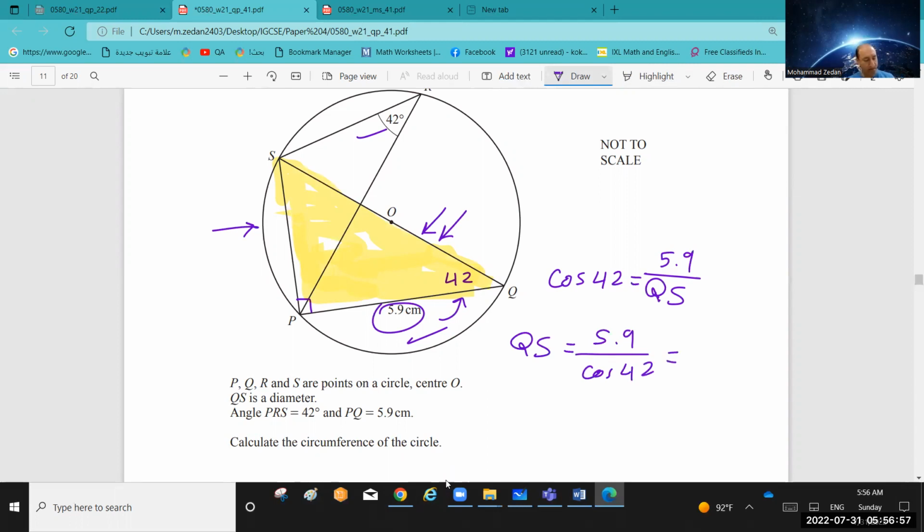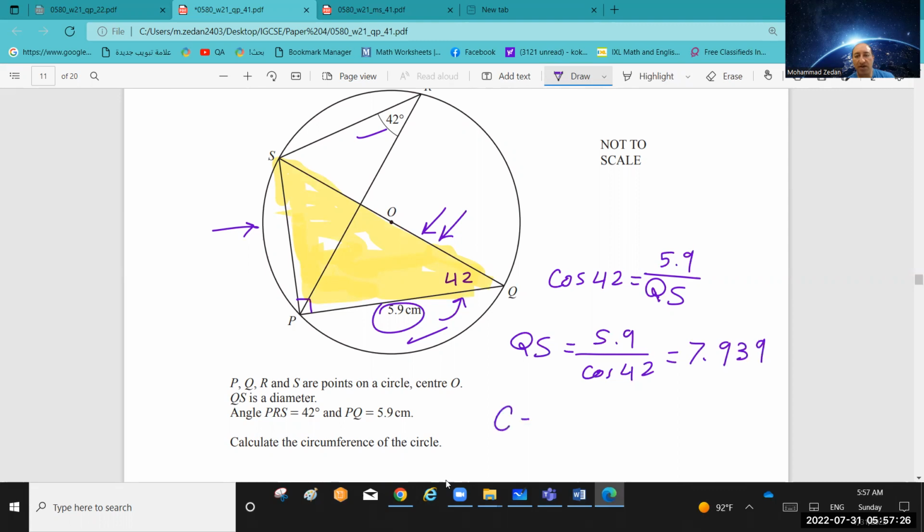You can solve it now to find QS. This is the diameter. You can use it directly in calculating the circumference of the circle. 5.9 divided by cosine 42 equals 7.939. So the diameter is 7.939.